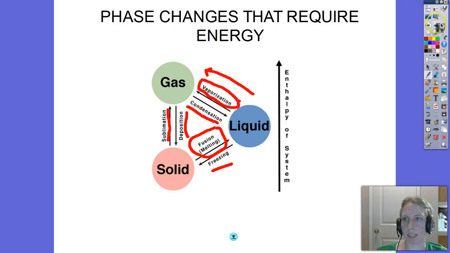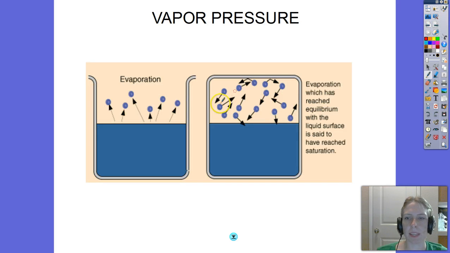Let's take a look at our next topic. Here we have vapor pressure. Vaporization is a process by which a liquid changes to a gas or vapor. So we have evaporation, which happens only at the surface of a liquid.